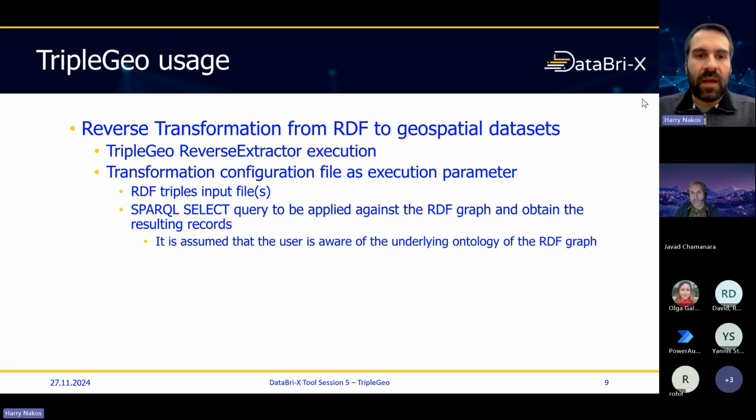In this case, we have one or more input files, RDF triples files, and also a SPARQL select query that is applied to the RDF graph, the constructed graph, and the resulting records of the select query are persisted in the defined output file type.